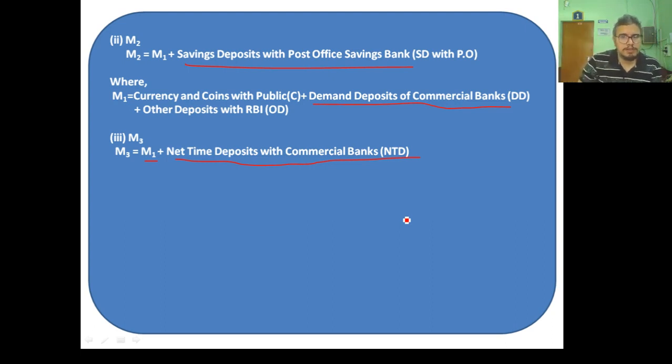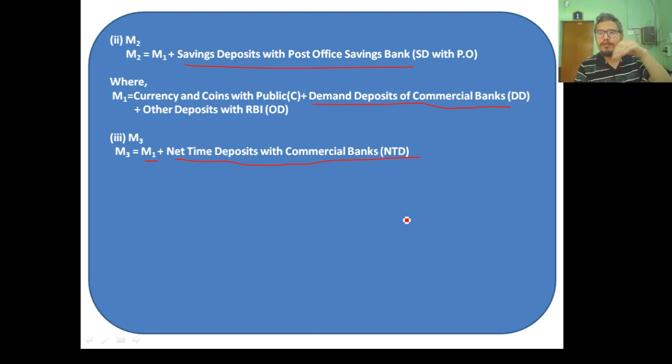Now if that person arrives at the bank after 2 years and asks the bank to give back his money, if he wants to withdraw his money, then it is not possible. He is not able to use that money for transaction purposes until the maturity period is over.